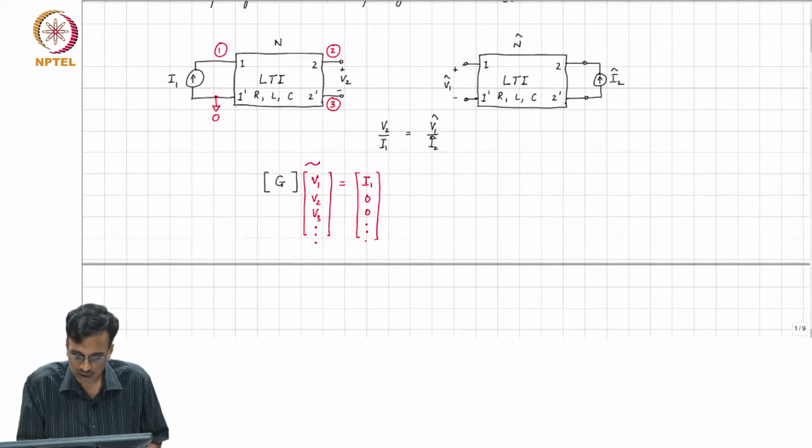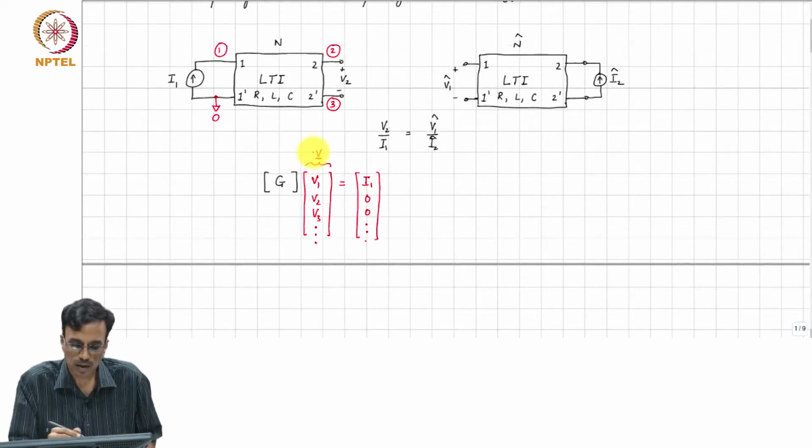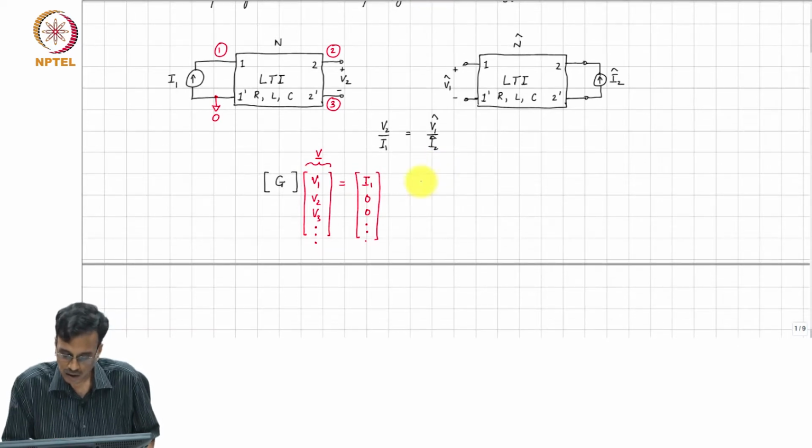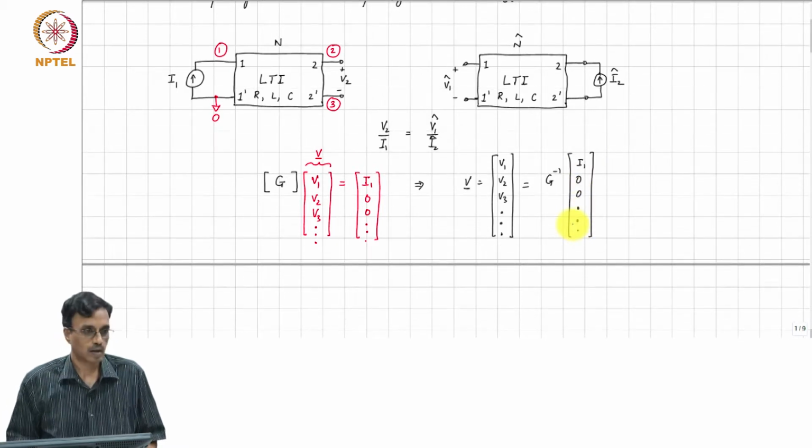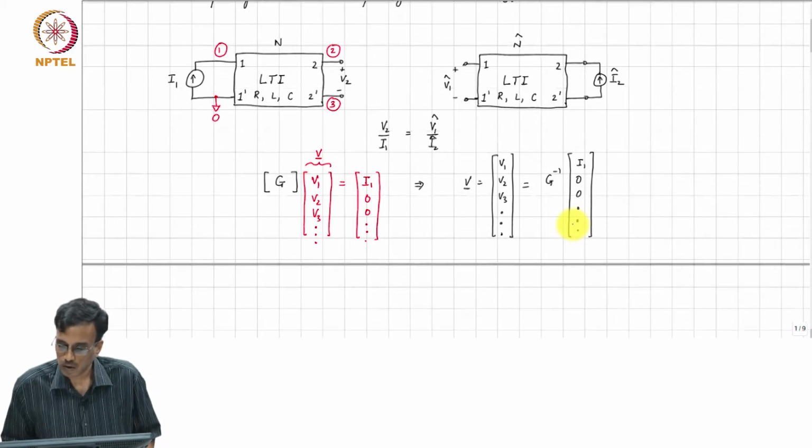So, if we call this vector V, which is V1, V2, V3 and so on, it is simply G inverse times the input vector, that is basically I1, 0, 0, right.